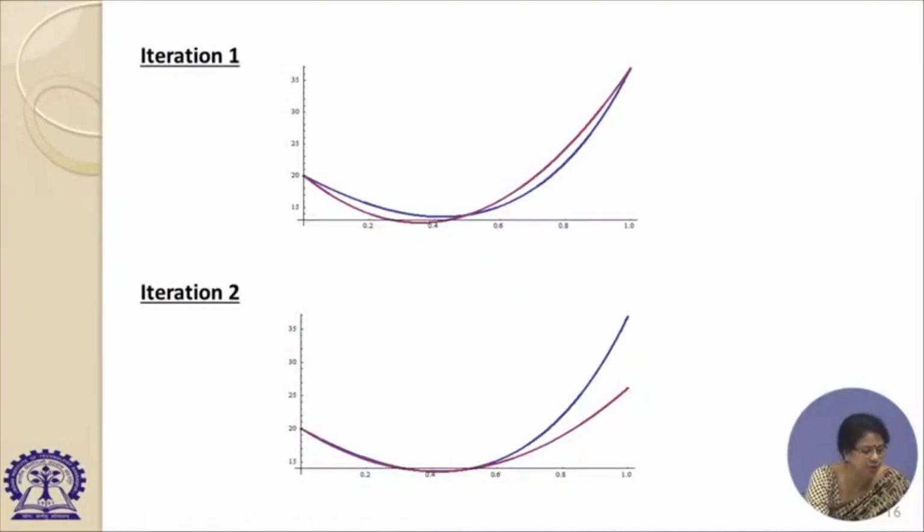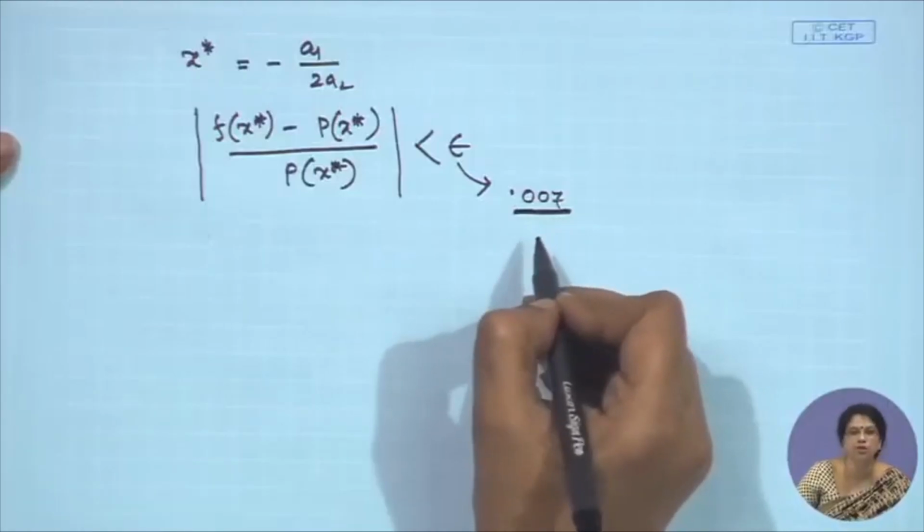If we look at the graph, the red one is the original function and the blue one is the fitted polynomial. In the first iteration that was the fitted polynomial, and in the second iteration the blue and red are almost mixing together. If you zoom in, maybe you may not be satisfied, but at a glance if you are satisfied, you can stop the iteration here. Since the value is 0.007, you can stop.